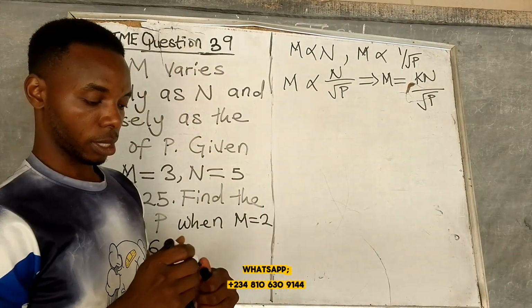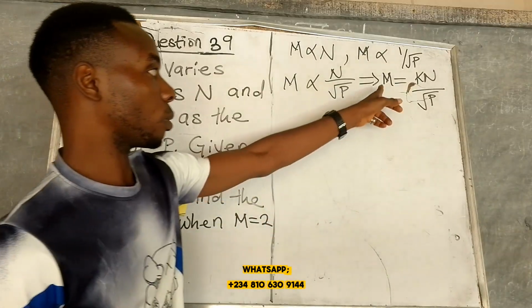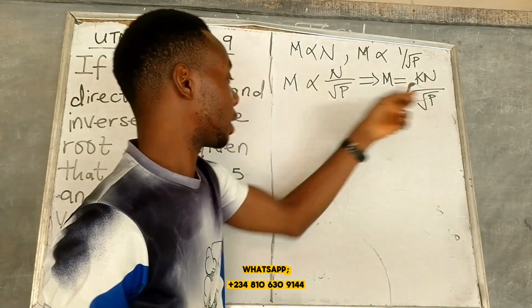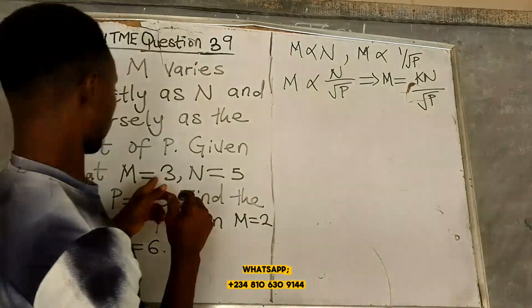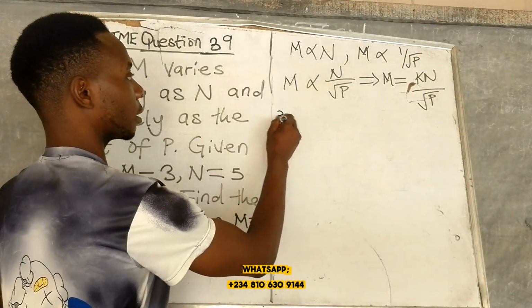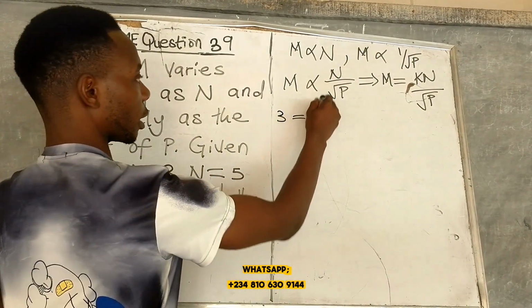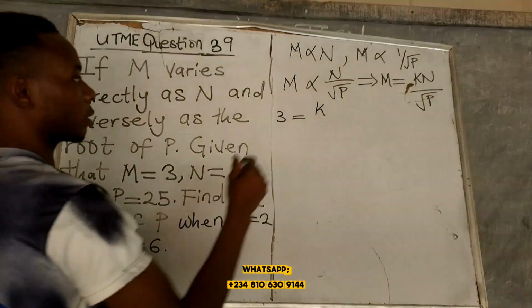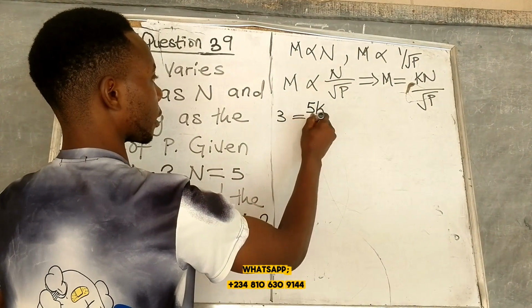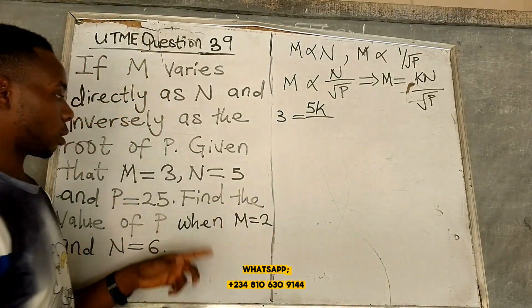For us to find the constant in this question, we need to represent this with their values as stated in the question. So m is equal to 3, so we write 3 equal to k, n is what? 5. So this is 5k over the root of p.